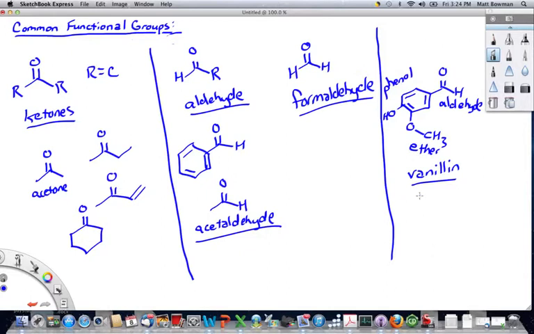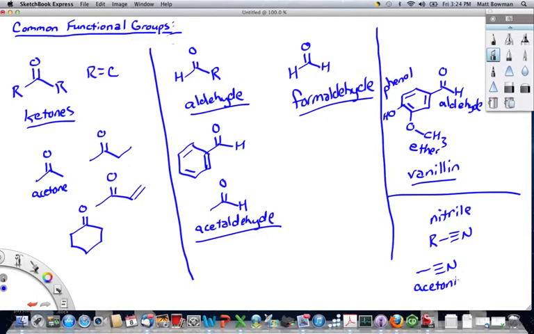Other functional groups, before I forget, here we have a nitrile. It consists of a carbon triple bond to a nitrogen attached to another carbon. So things like this molecule, where it's a methyl group attached to a C triple bond N, is acetonitrile.